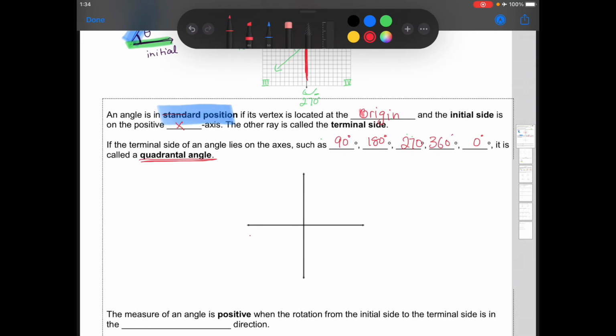So let's quickly again talk about a quadrantal angle. We always start, if my initial and my terminal ray are both on the x-axis, so it'll be 0 degrees. Then going in counterclockwise direction, 90, 180, 270, and 360. And if you're ever confused, think about a clock.